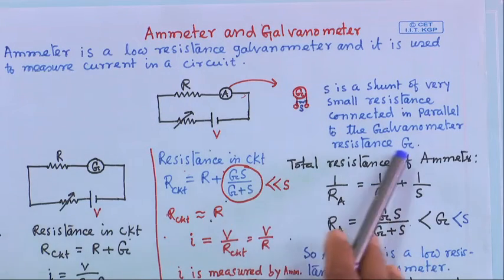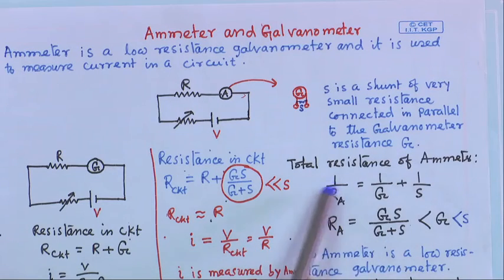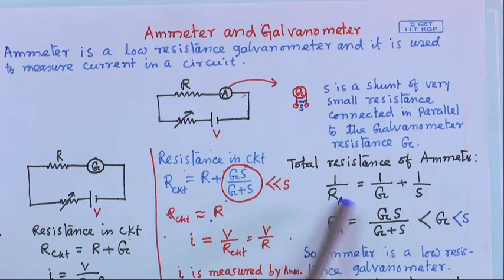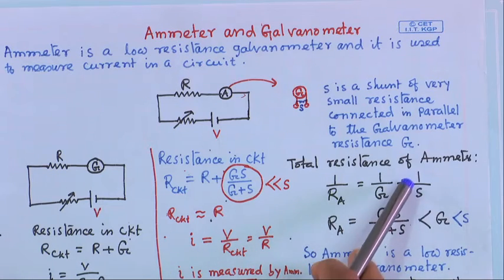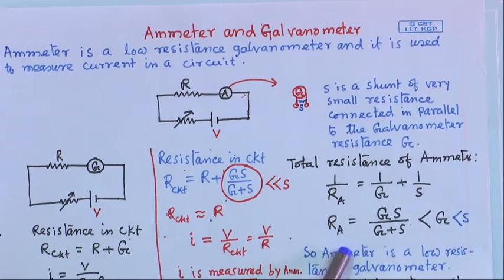This shunt resistance is connected with the galvanometer in parallel. So, if the total resistance of the ammeter is R A, then since they are in parallel, 1 by R A equals 1 by G plus 1 by S. So from here R A is G S by G plus S, which is less than G and even less than S.